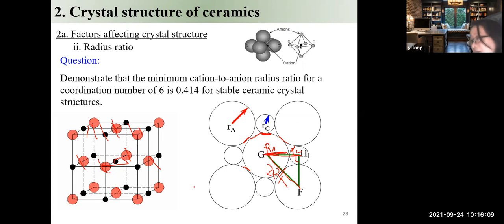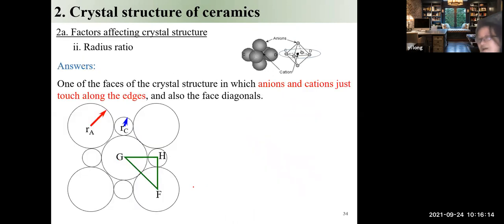The rest is just very simple. It's just a right angle, just a triangle thing. So quickly, you can calculate this. This is one of the faces of the crystal structure in which the ions just touch along the edges and also the face diagonals. So let's continue, it should be very straightforward already. So GF equals 2RA, right? FH equals GH, so it equals RC plus RA.